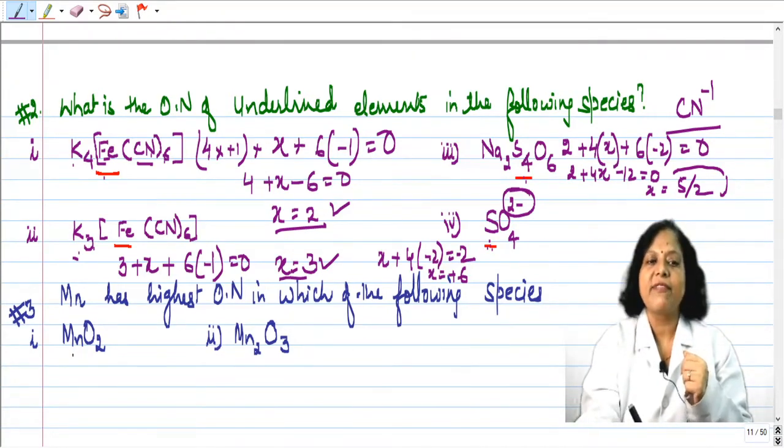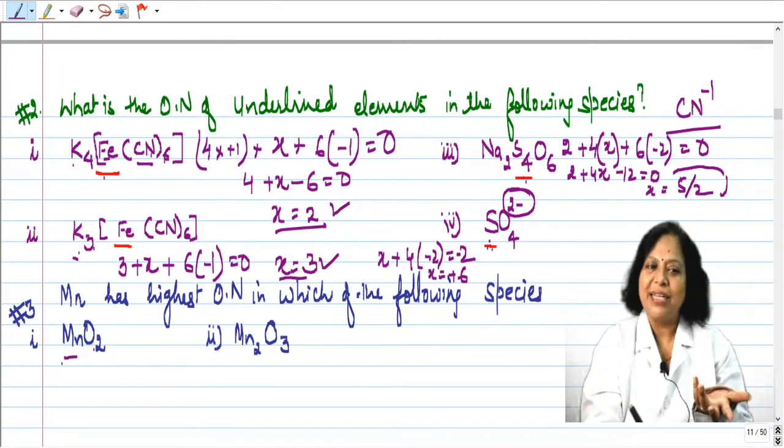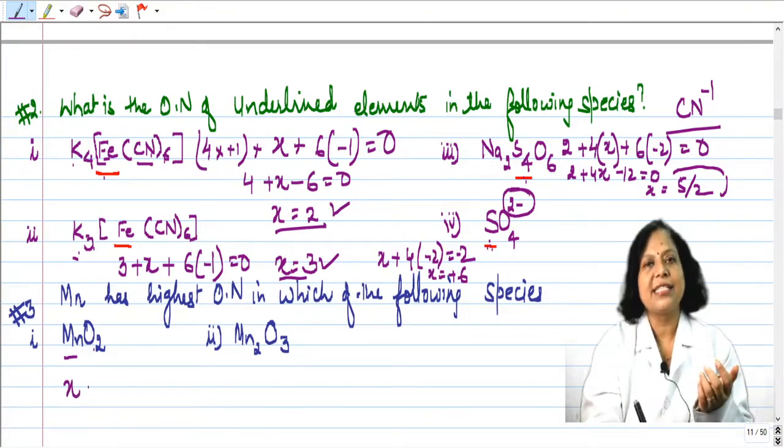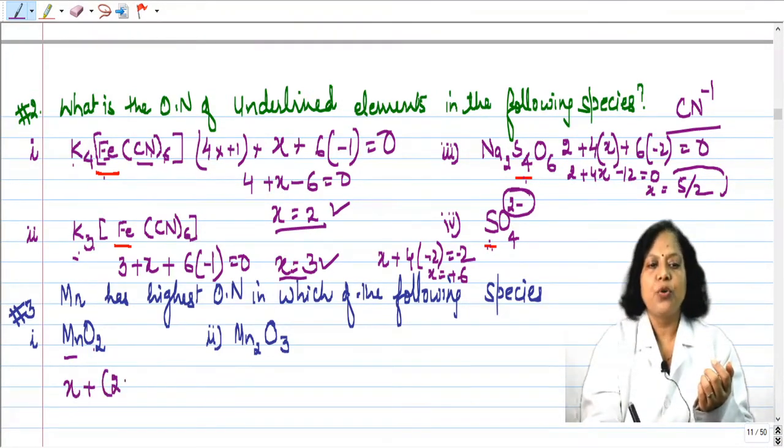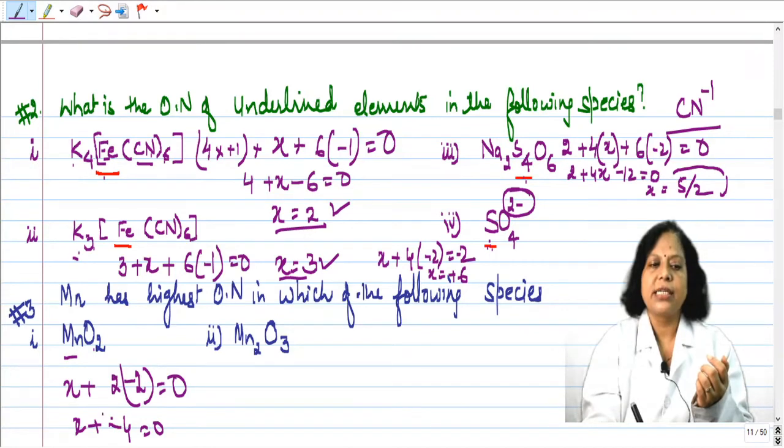Likewise, suppose we have to calculate the oxidation number for manganese in MnO2. Again, simple. Take this as X + 2(-2), because there are two oxygens, and each oxygen has -2 charge, equal to 0. So X - 4 = 0, or X = 4.